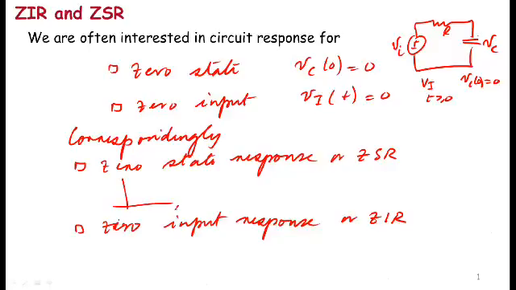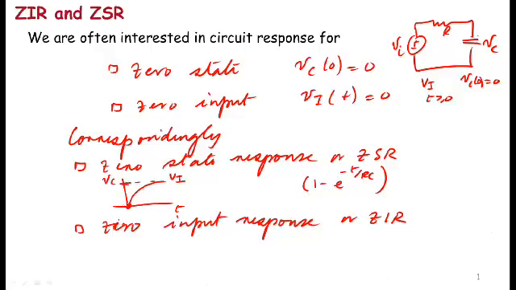If I were to plot it, this is VC. My capacitor would start off at 0 volts, and after some amount of time, it would reach capital VI. The charge up would look like this, and this would be the form of my equation. Intuitively, I can very quickly write down this form as follows: 1 minus e to the minus t divided by RC.